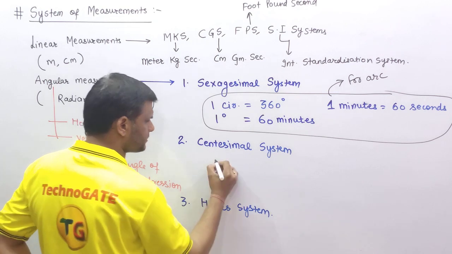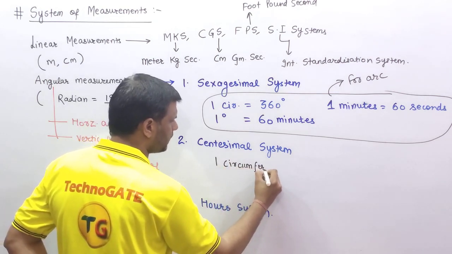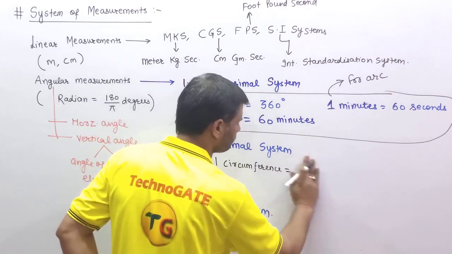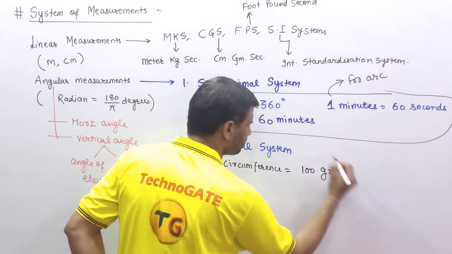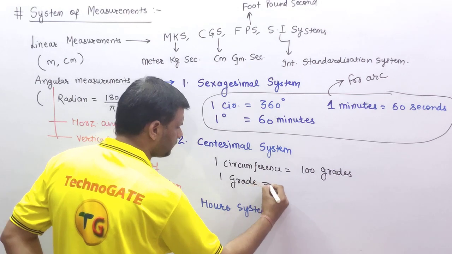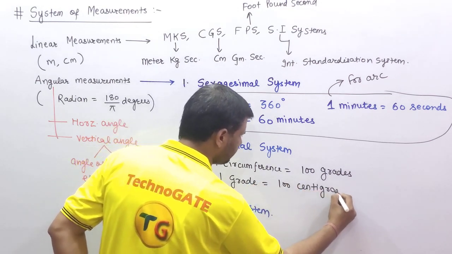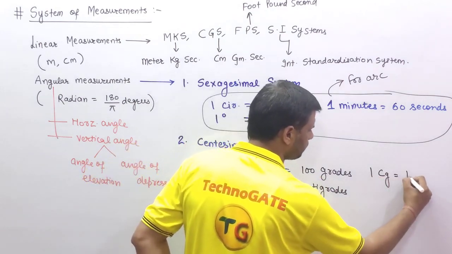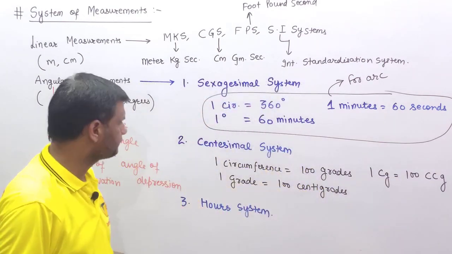According to the centesimal system, one circumference equals 100 grades. One grade equals 100 centigrades, and 1 centigrade equals 100 centigrades.